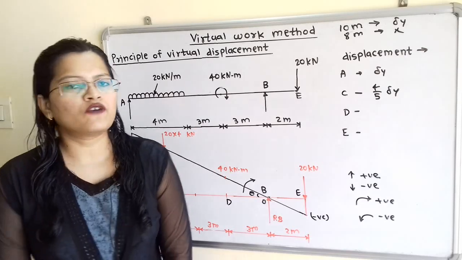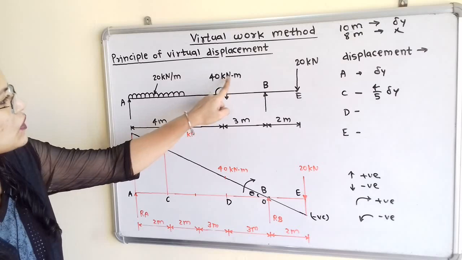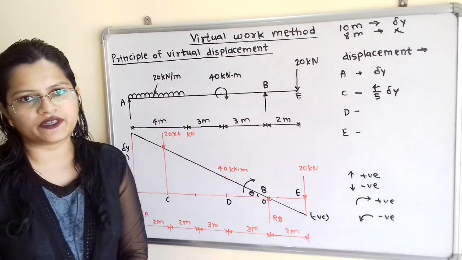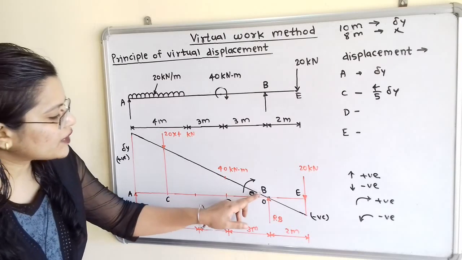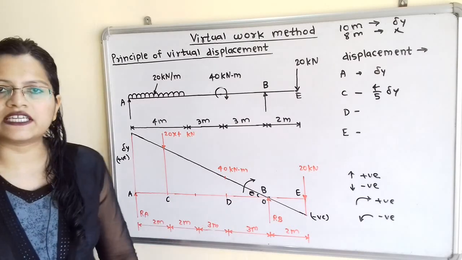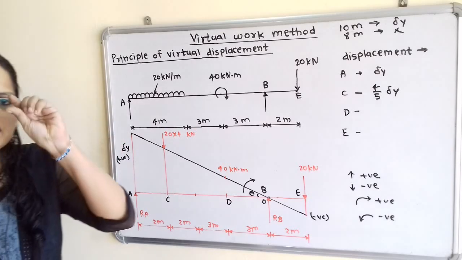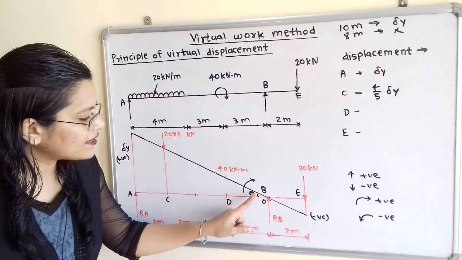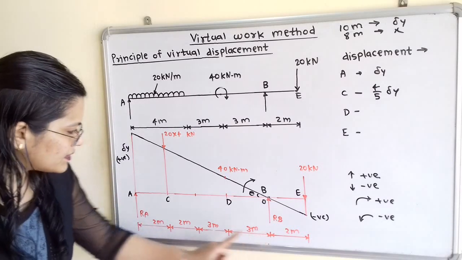Now we will find out displacement at point D. So point D is where this 40 kilonewton meter moment is given. So how to find out this displacement? If we observe, we have to find out the value of theta. Now this displacement delta y is very small. So how can we write this theta? Theta is equal to delta y divided by this length.